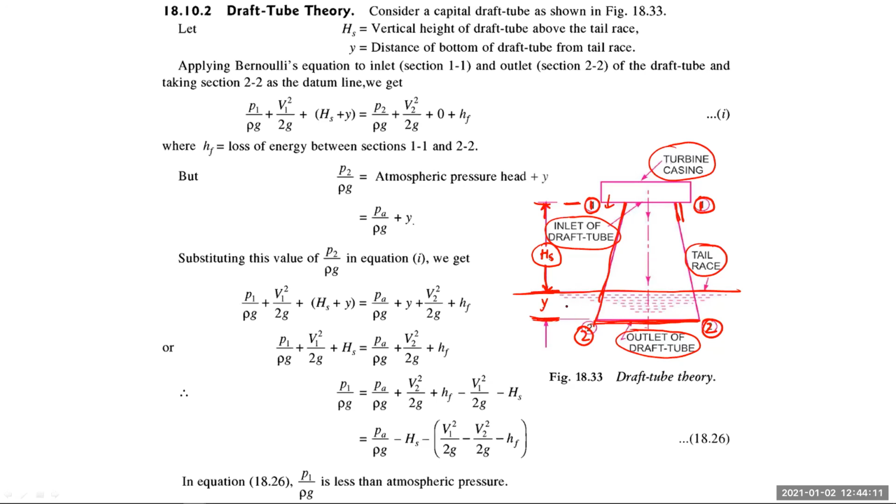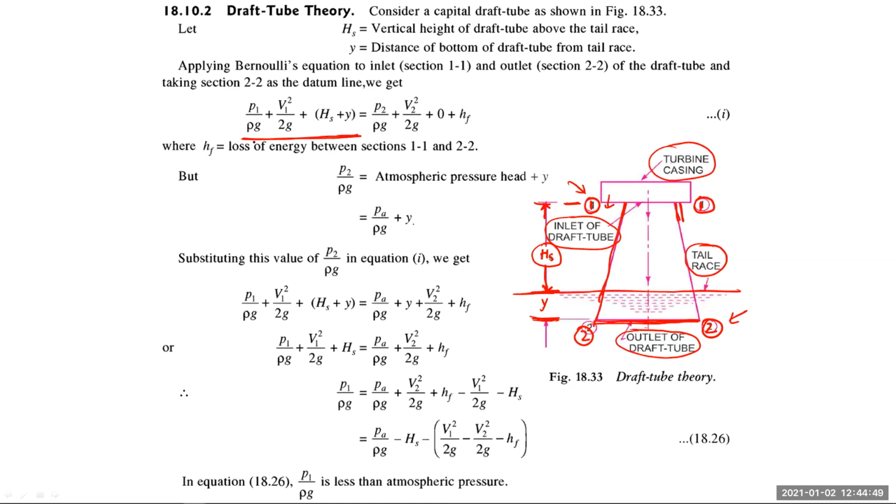Now applying Bernoulli's equation at section 1-1 and section 2-2. If you remember, the basic formula is P1 upon rho g plus V1 square by 2g plus datum head Z1 equals P2 upon rho g plus V2 square by 2g plus Z2 plus Hf, meaning losses in the pipeline.